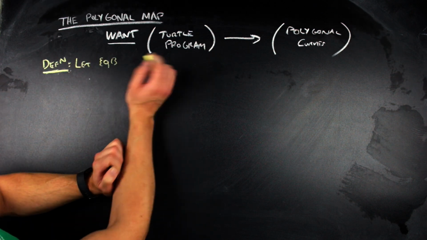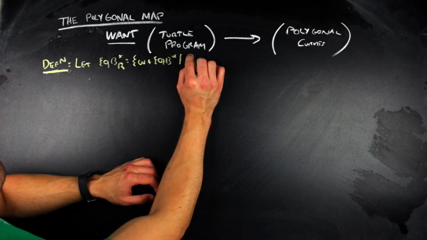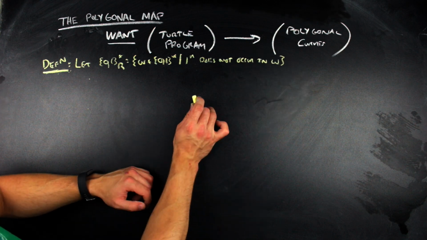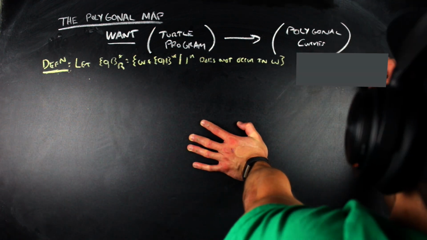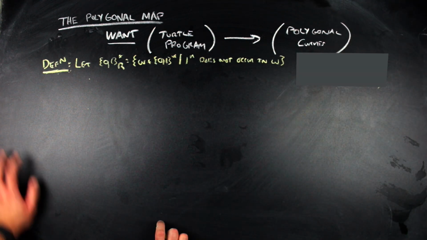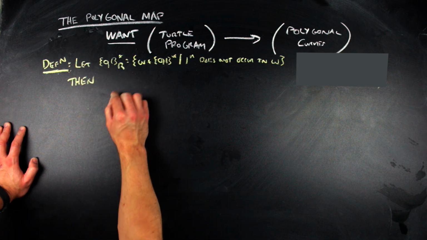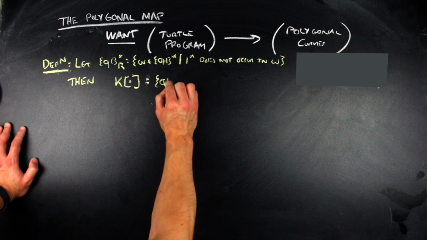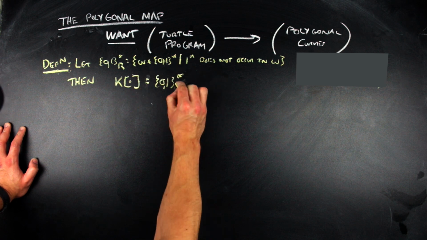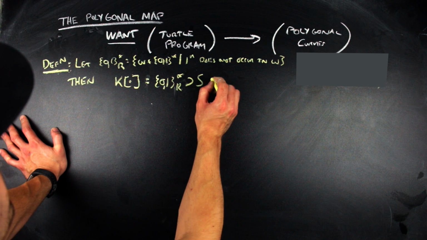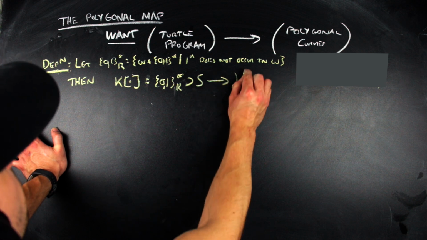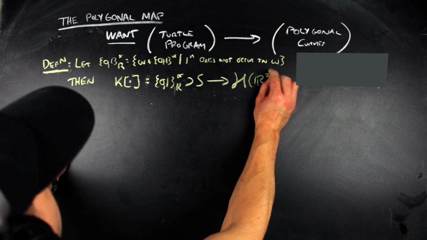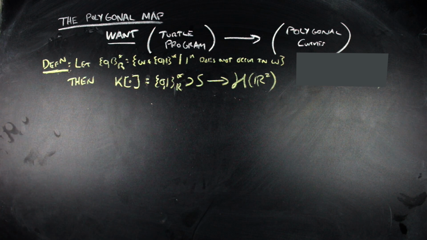And the idea here is that we just want to look at all of the finite words of zeros and ones such that there's a restriction R on this set. The polygonal map then is this K bracket dot thing, which is a map from a subset of these restricted finite words that we care about to compact subsets of the plane.